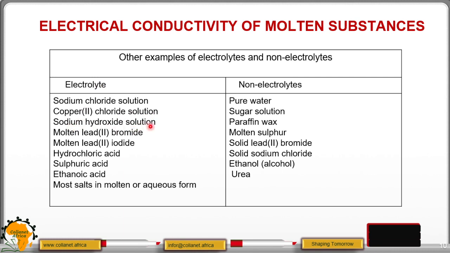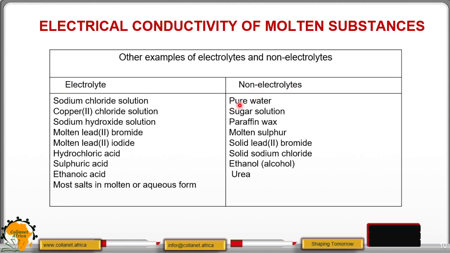Sodium hydroxide solution, molten lead(II) bromide, but solid lead(II) bromide is non-electrolyte. Then we have molten lead(II) iodide, hydrochloric acid, sulfuric acid, ethanoic acid, and most salts in molten or aqueous form are also called electrolytes.